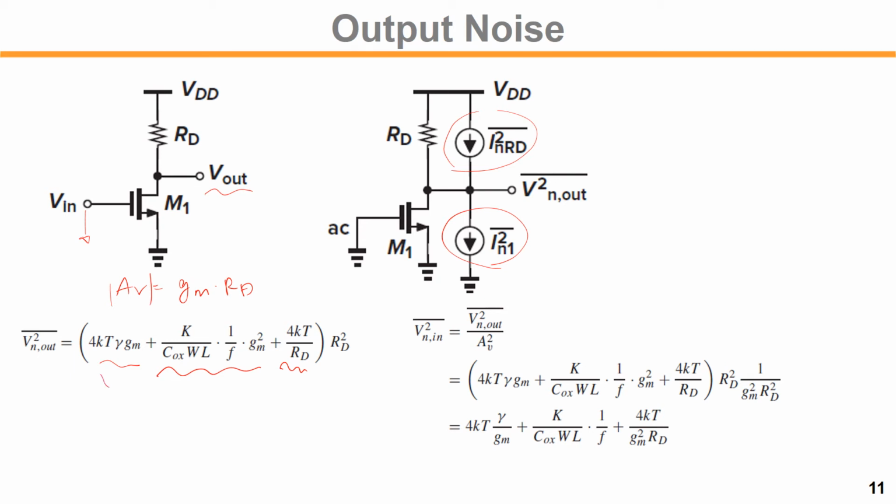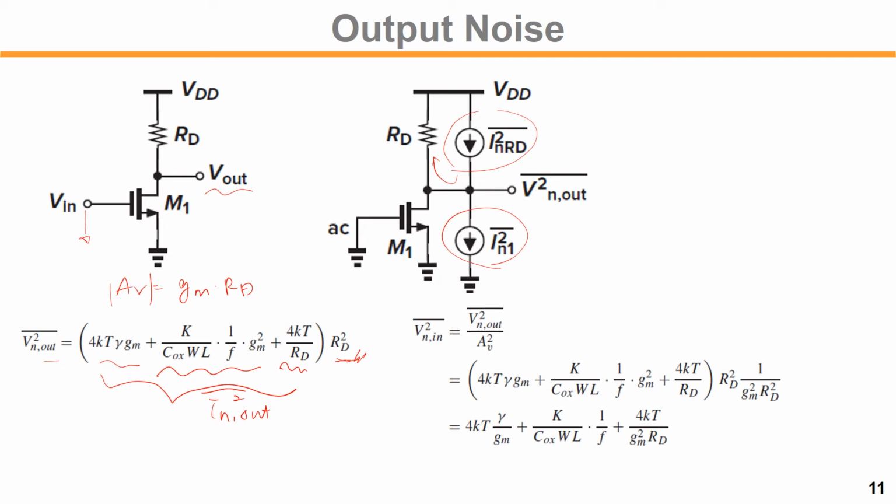This is the total In out square, and all these noise current sources flow onto the RD resistor, so the overall output noise voltage can be found like this.